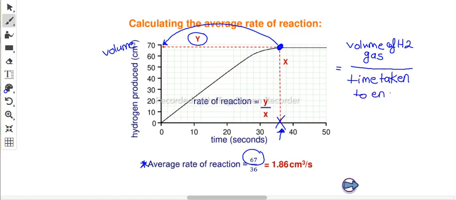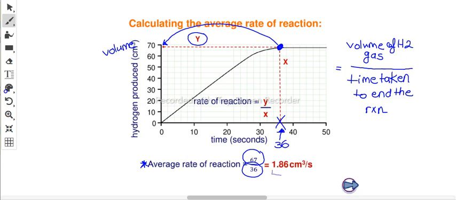If you divide the total volume of gas collected over the time, you're going to obtain what's called the average rate of reaction. So in my situation here, according to the graph given, it will be 67 divided over 36 seconds. So your final answer using the calculator is 1.86.